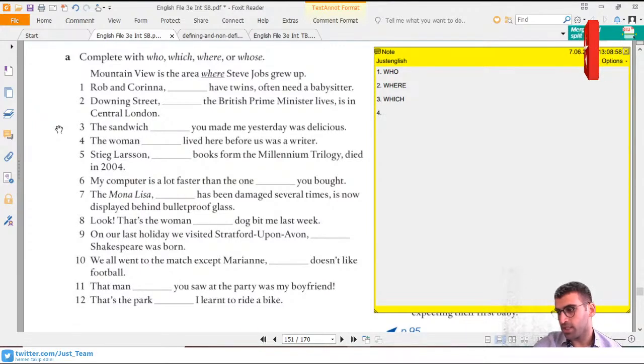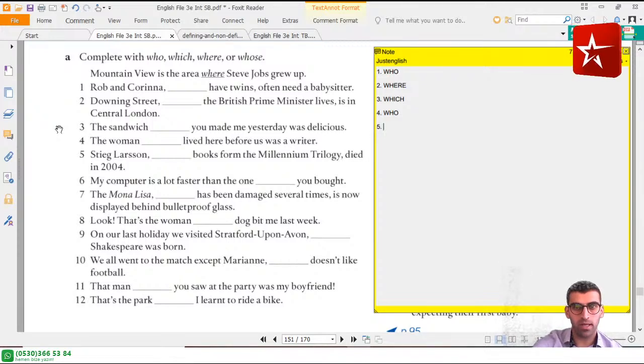Okay, Gülsafa, Nejat, Sıla, they say the correct answer is who. Let's wait for the other students' answers. I'm waiting for their answer. Yes, guys, who is a correct answer for number 4. Congratulations, who answered correctly. Well done.